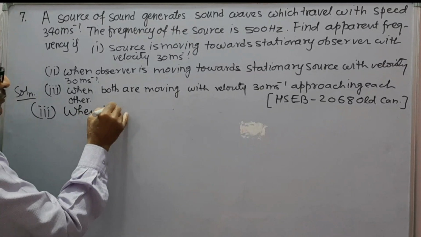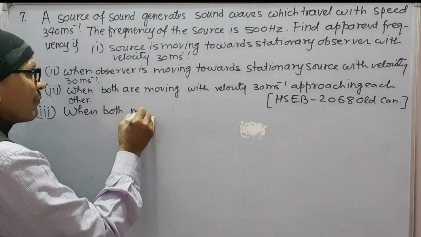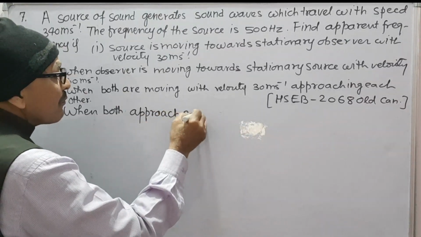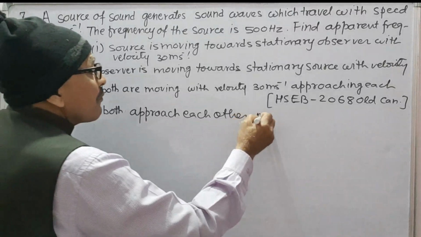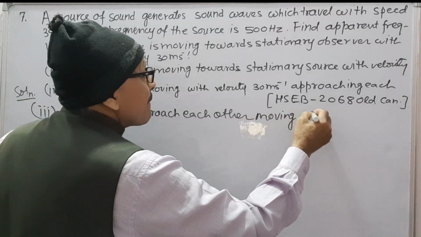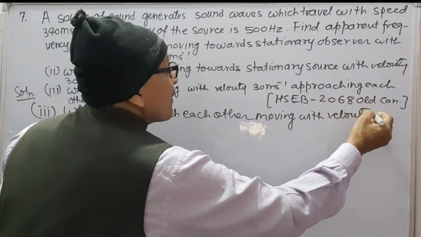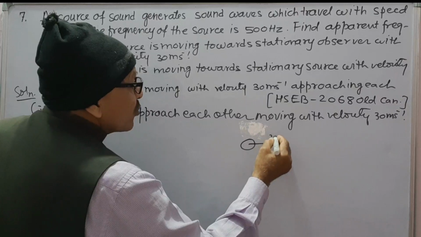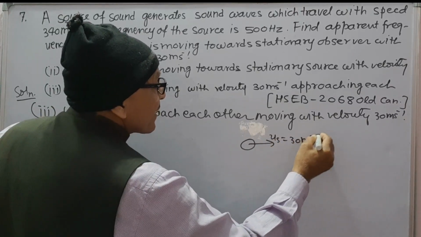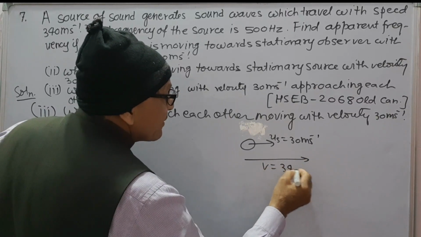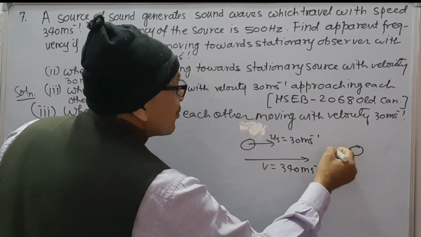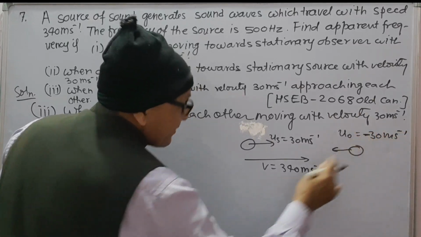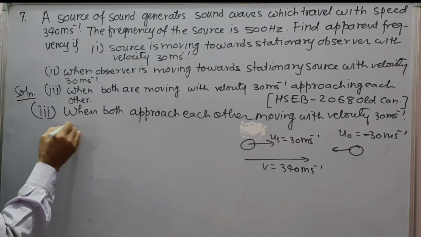In third case, when both approach each other, moving with velocity 30 meter per second, then the case will be like this. us is 30 meter per second, velocity of sound will be towards this, 340 meter per second, and observer is moving towards this side. uo is 30 meter per second, but it is opposite to the velocity of sound, therefore it will be minus.